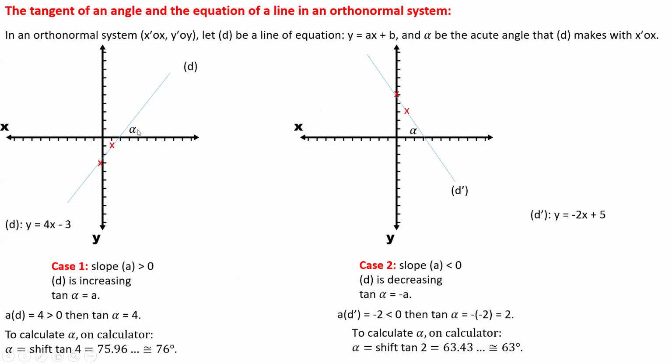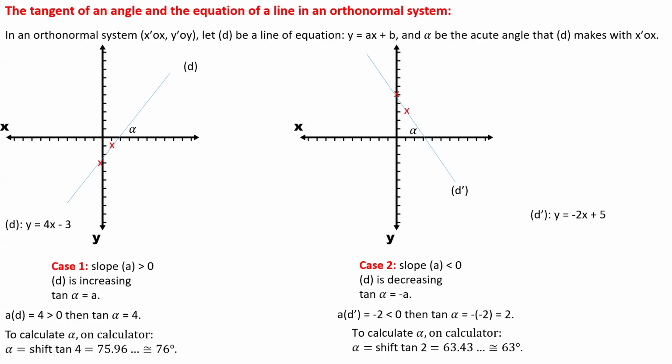How can we find the value of alpha? We look at the line y equals ax plus b. If a, the slope, is positive, as the first case says, if the slope of the line is positive, then line D is increasing. Because it's increasing, we say tangent alpha is equal to the slope. So if I take as an example a line D: y equals 4x minus 3, I drew the line to specify alpha.